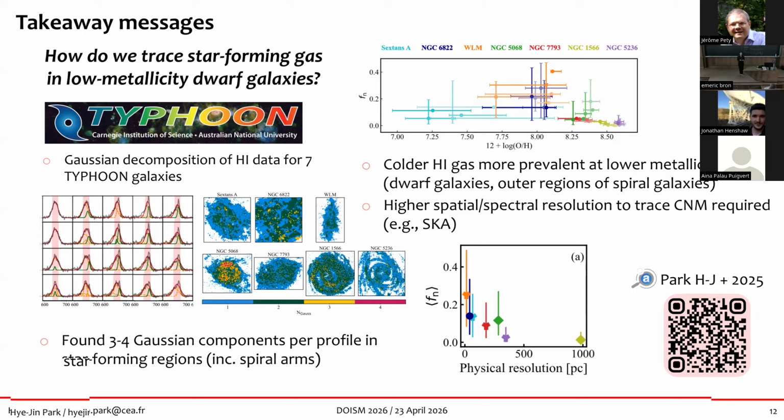Because I think the line width, or the velocity dispersion, is dominated by turbulence or shocks on large scales. Yes, you're absolutely right. If you look at one velocity profile, it's a mixture of turbulence, and we can also include different clouds in the same line of sight.